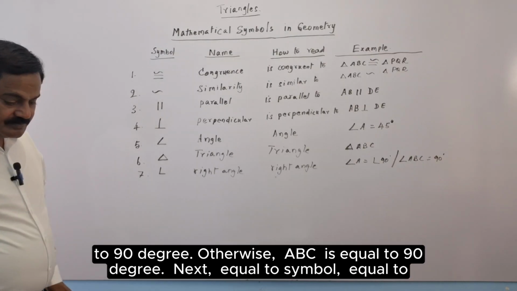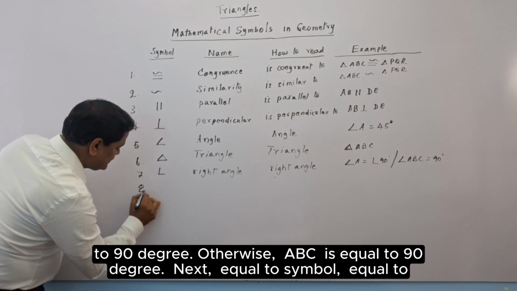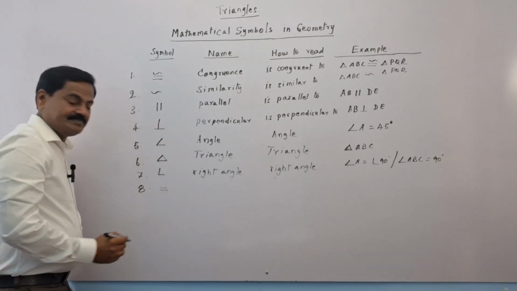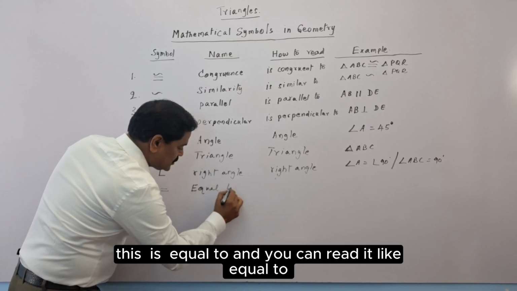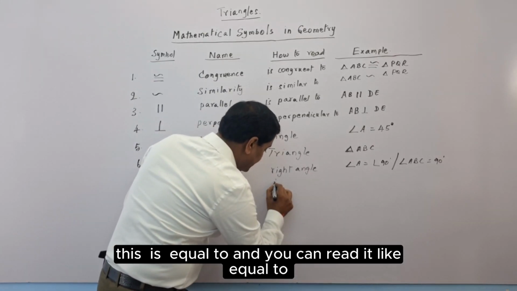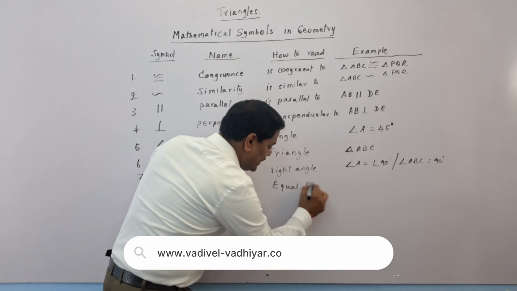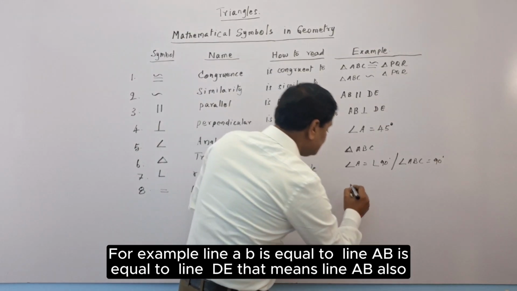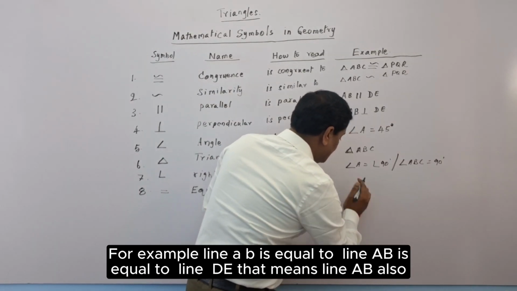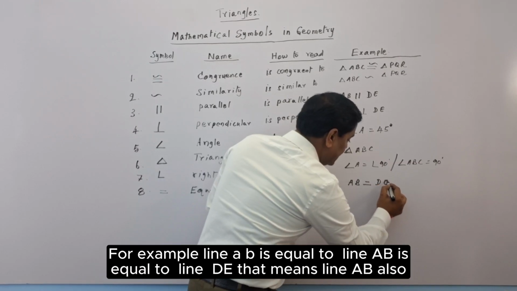Next, the equal to symbol. You can read it as equal to. For example, line AB is equal to line DE.